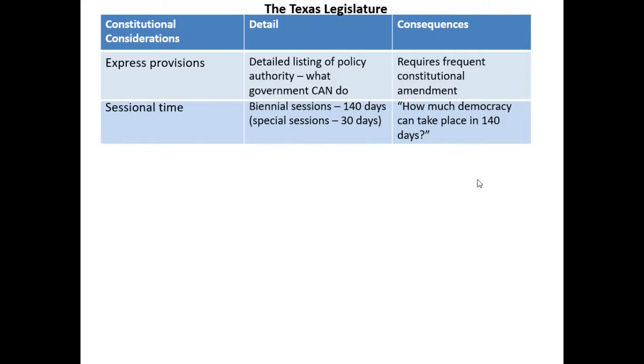Well, maybe. I'll say this in response, and we can develop this further when we get to that point. The counter to that is that this limit on sessional time requires that somebody take control and shepherd the process. Somebody has to be in control of the calendar. Somebody has to make things happen.